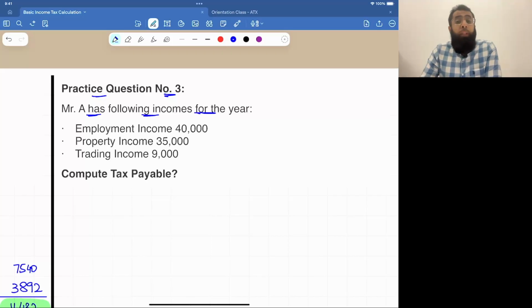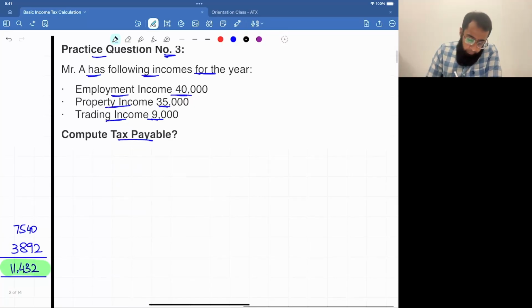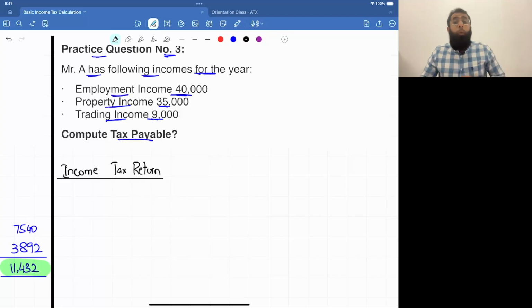Mr. A has the following incomes for the year. Employment income 40,000, property income 35,000, trading income 9,000. We have to calculate the tax payable. Again, just a routine question. So we are doing his income tax return.